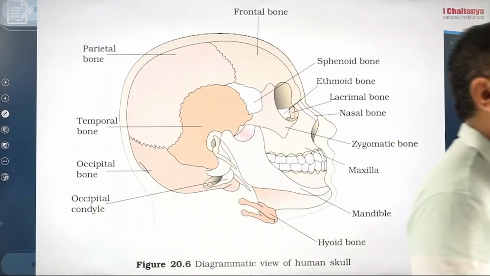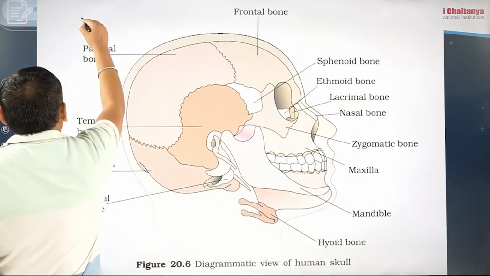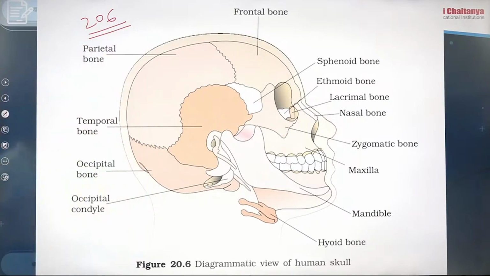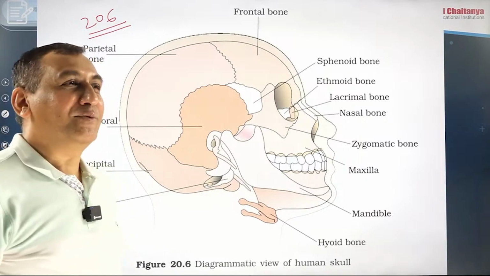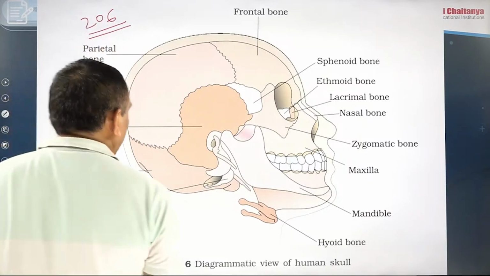Yes, Nikhil, very good. 206 bones are present in the human body. Yaswant, you replied with how many days in a year? No, beta, I asked how many bones in the human body. So 206 bones are present in the human body.